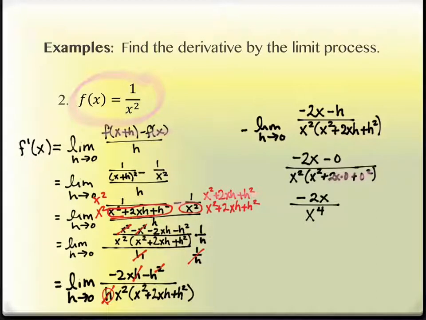So negative 2x over x to the 4th will become negative 2 over x to the 3rd. That's what we would have. Very, very good.